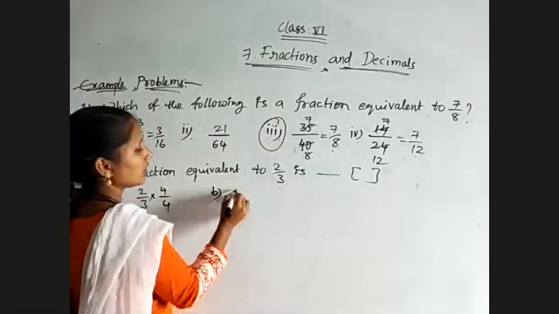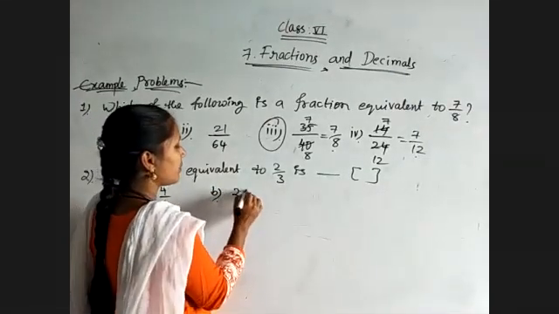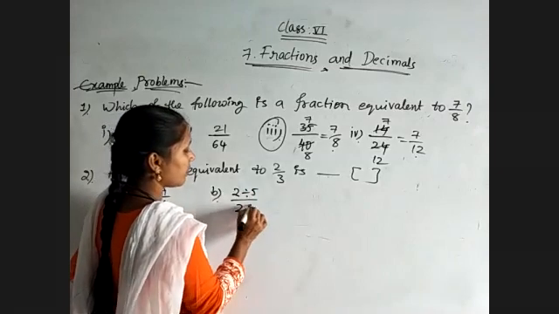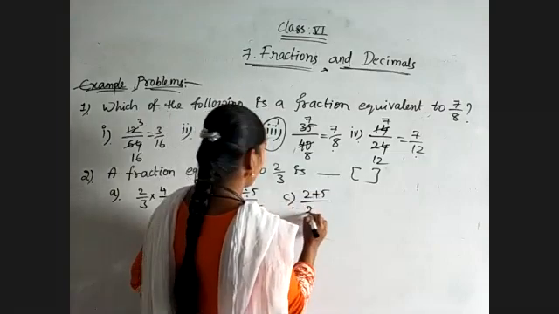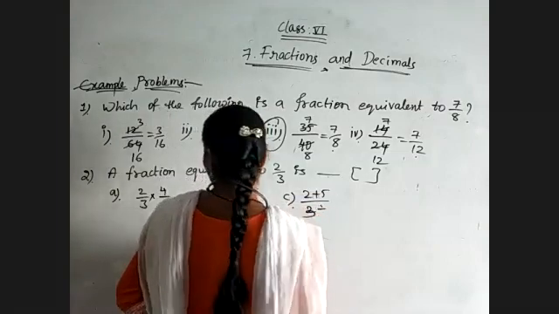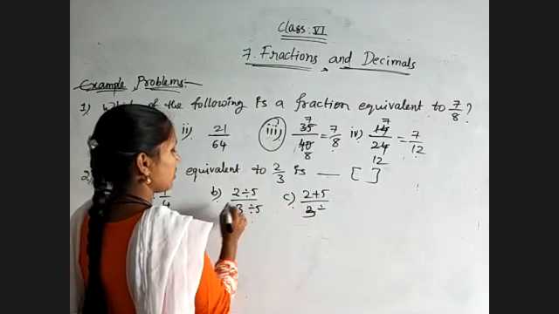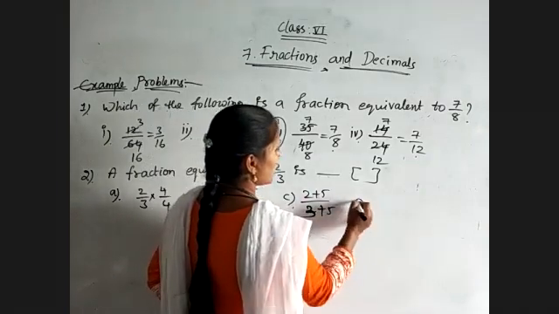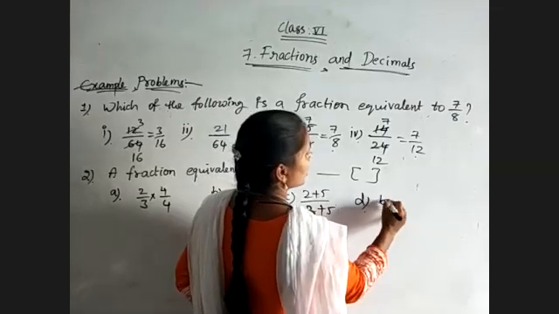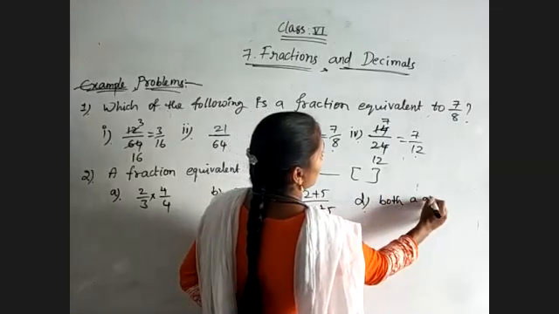Secondly, B, 2 divided by 5 by 3 divided by 5. C, 2 plus 5 by 3 plus 5. And the last option, both A and B.